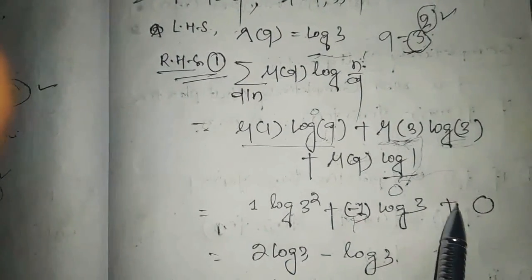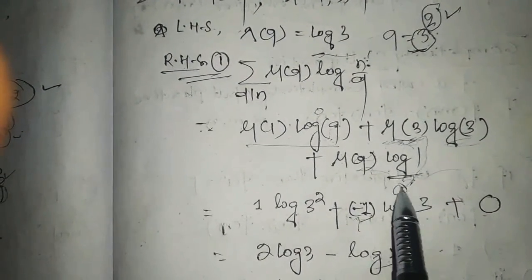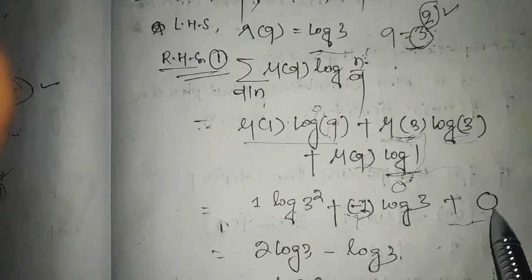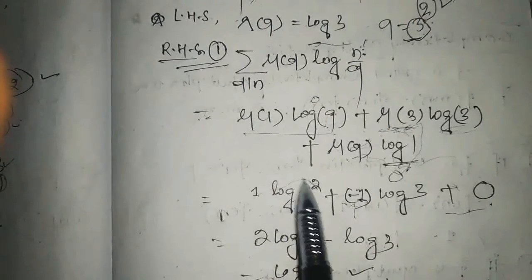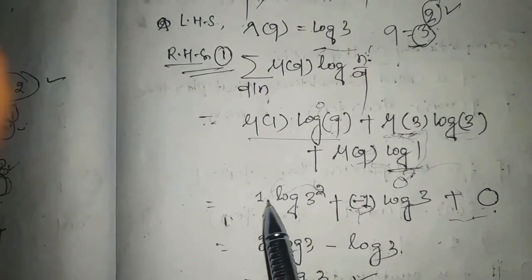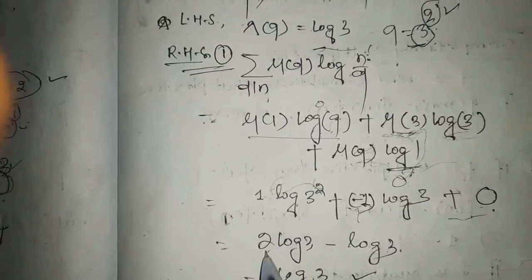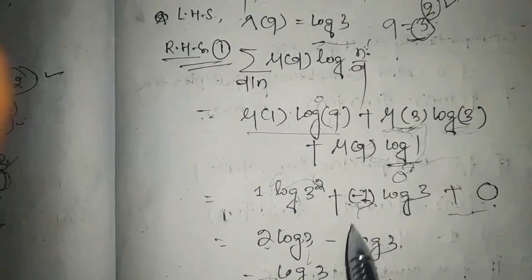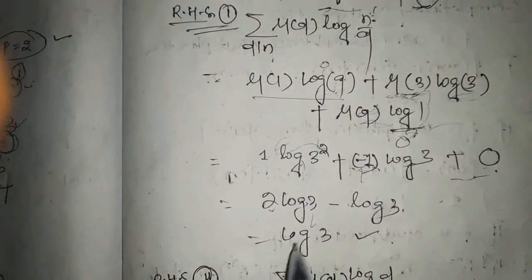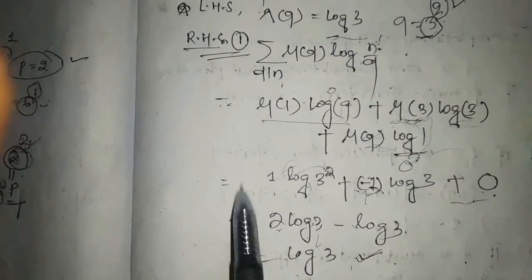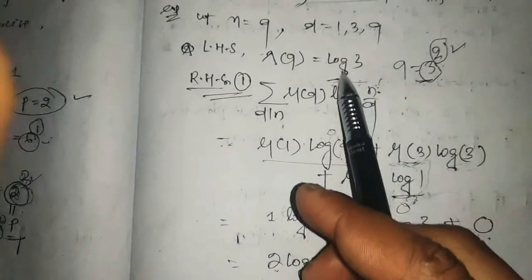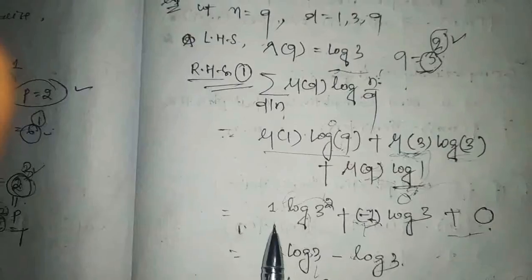And log 9 by 9 is log 1, which is 0, so 0 into mu 9 is 0. This 2 comes here. This is 2 log 3, and this is minus log 3. 2 log 3 minus log 3 gives log 3. So log 3 is log 3. So the first result was verified.